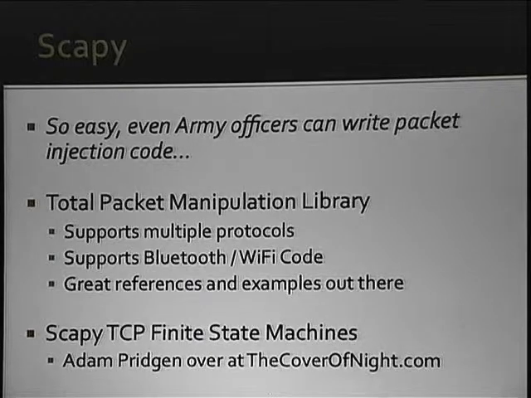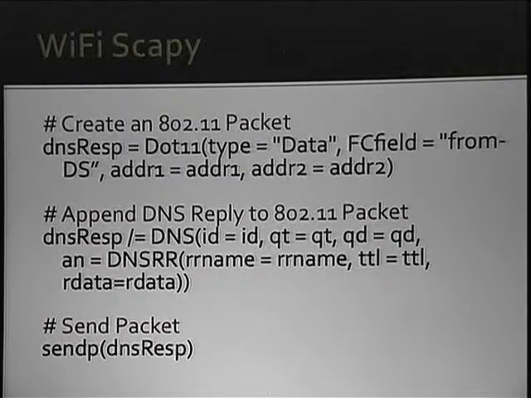In fact, in the process of doing this work, I came across an entire TCP finite state machine written in Scapy by Adam Pridgen over at Cover of Night. Absolutely amazing. So if you want to generate an 802.11 wireless packet that's a DNS reply in Scapy, you can do it in 3 lines of code just like that.